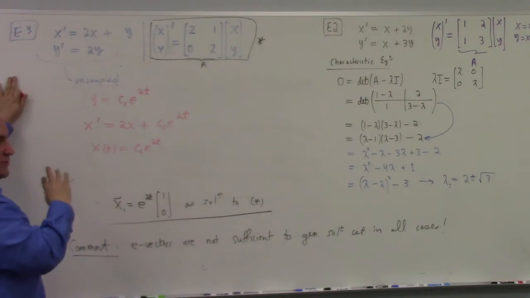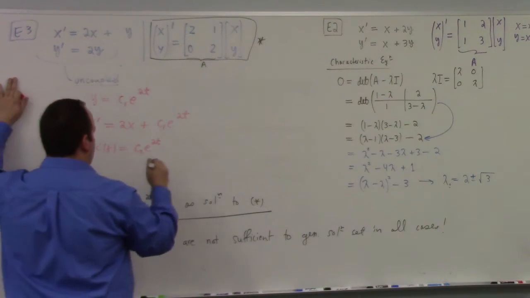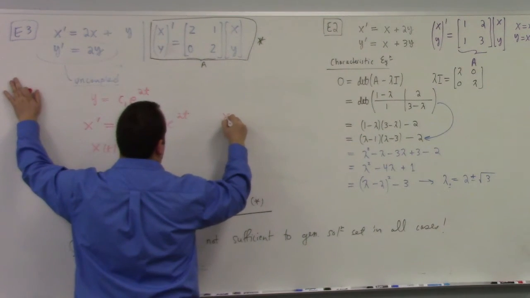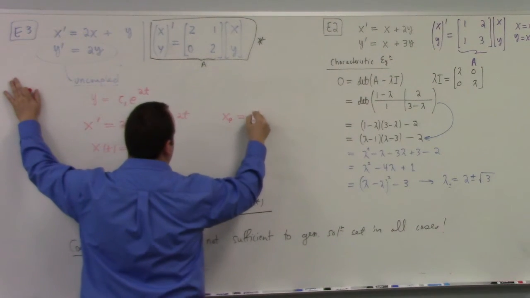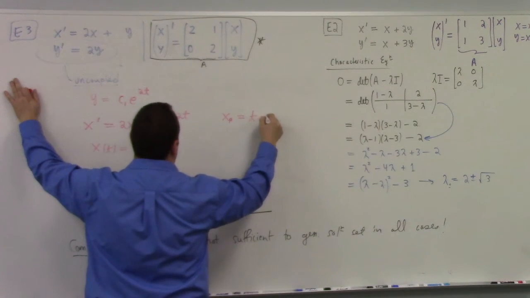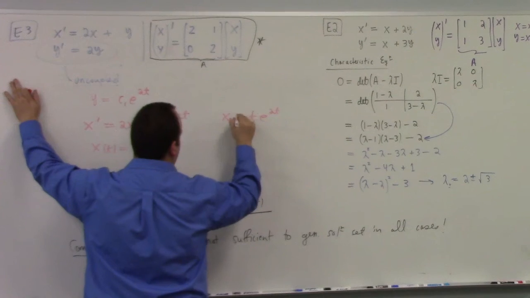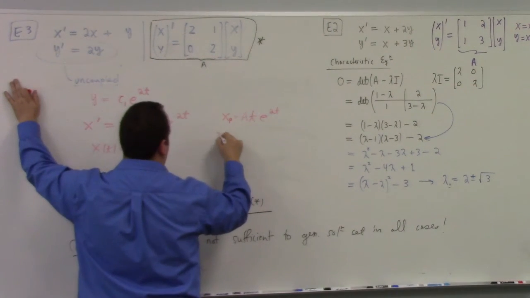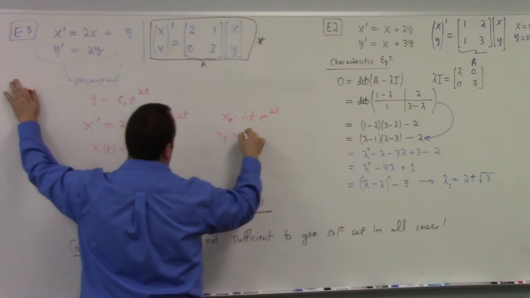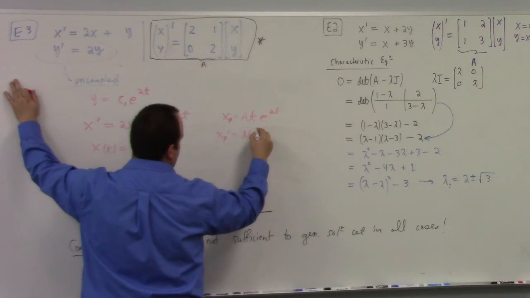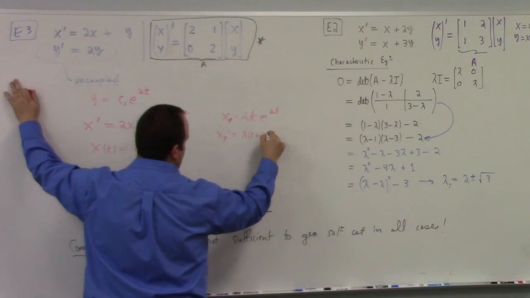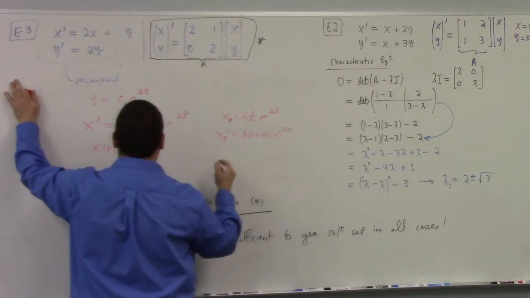But it's got an overlap, right? So I've got to guess like xp is equal to a times t e to the 2t, right? So xp prime is a times 1 plus 2t, e to the 2t.